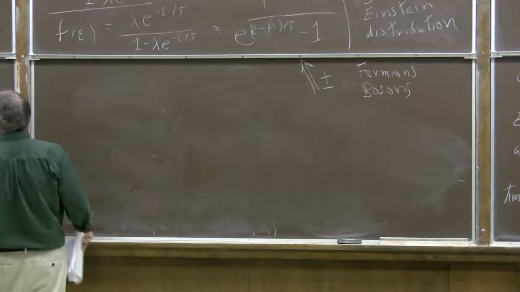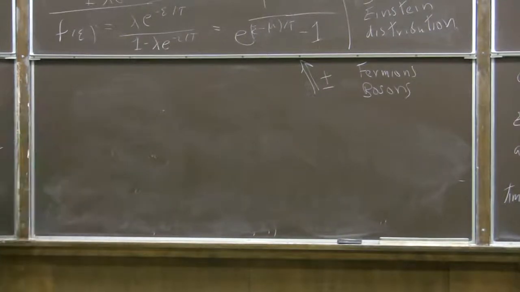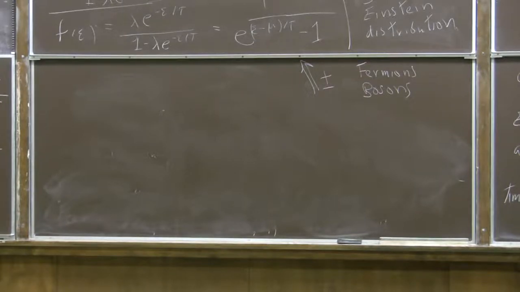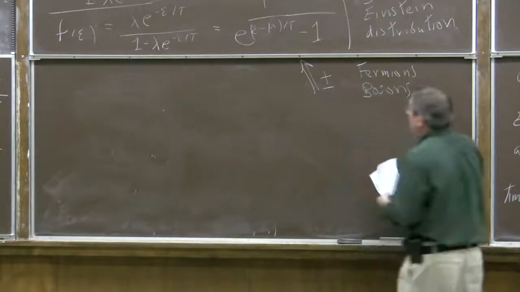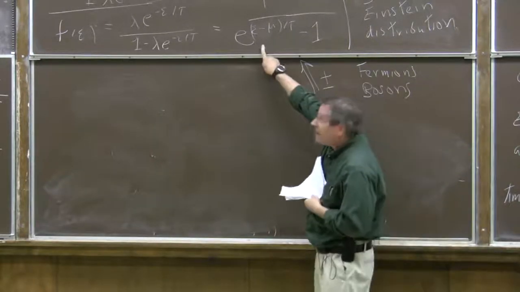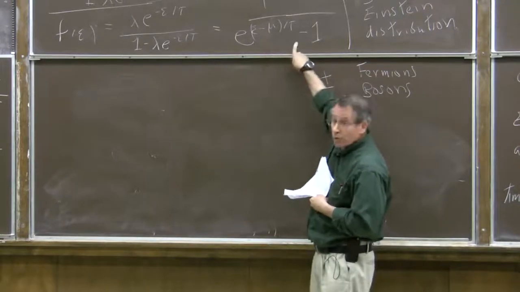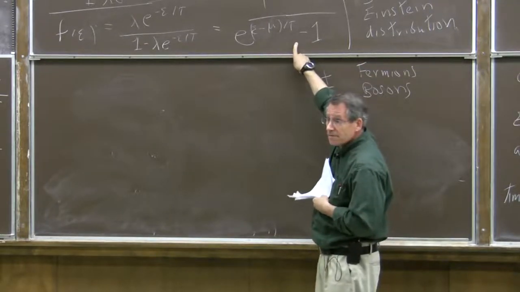So if I come back to my picture, this was the Fermi-Dirac distribution. The Bose distribution, the Bose-Einstein distribution, will look similar when the occupation number is small, because when the occupation number is small, that means the exponential is much more important than the plus or minus 1, right?